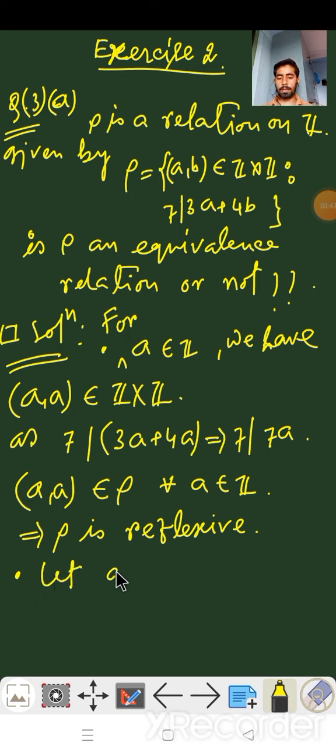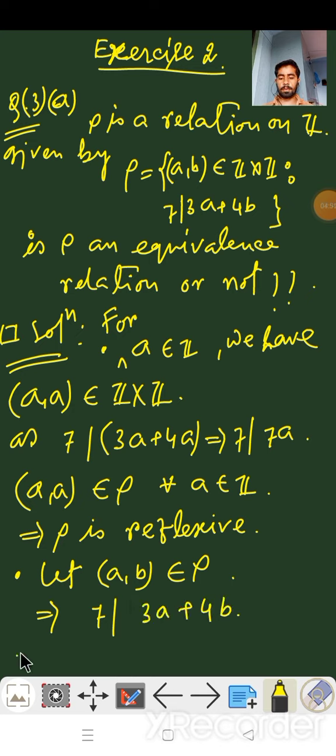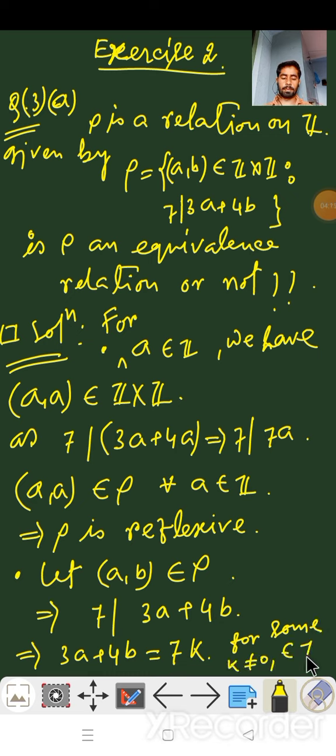Let the ordered pair (a, b) belong to rho, which implies that 7 divides 3a plus 4b, which implies that 3a plus 4b equals 7 into k for some k belonging to Z.